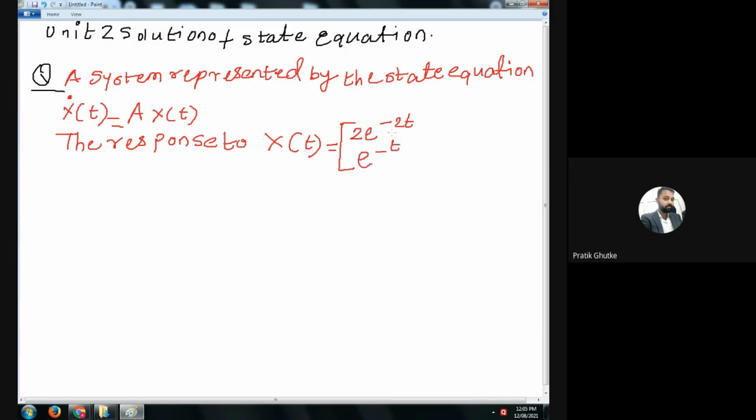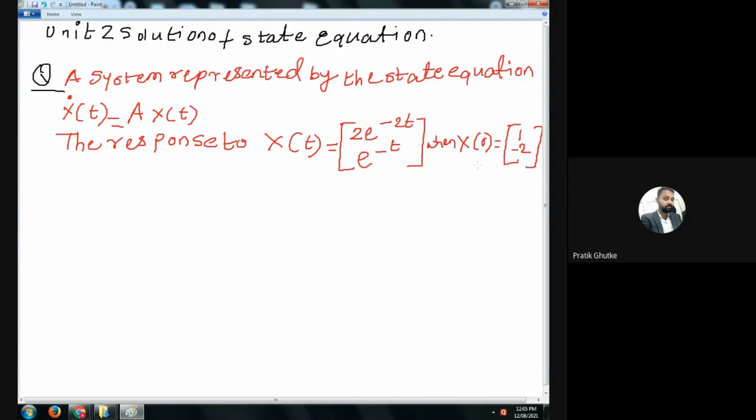When x of 0, that is the initial condition, is given as 1, minus 2. Okay, this is the condition.